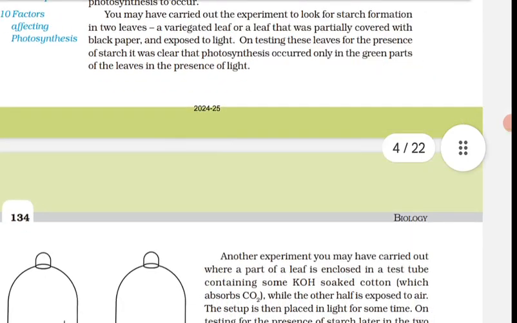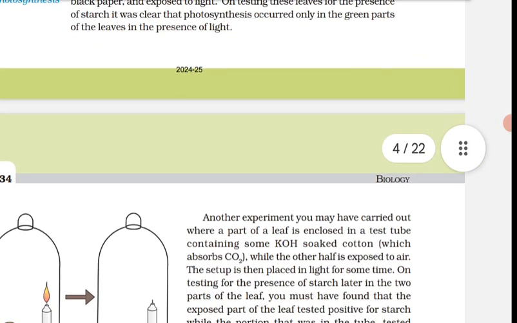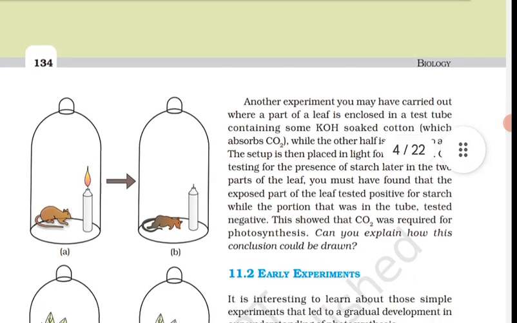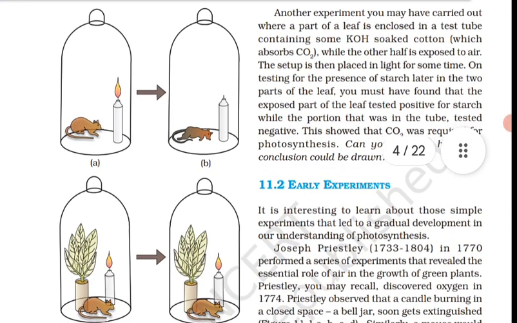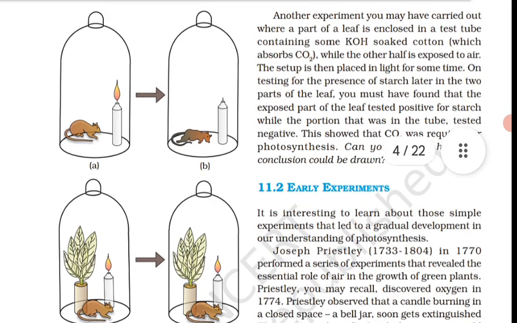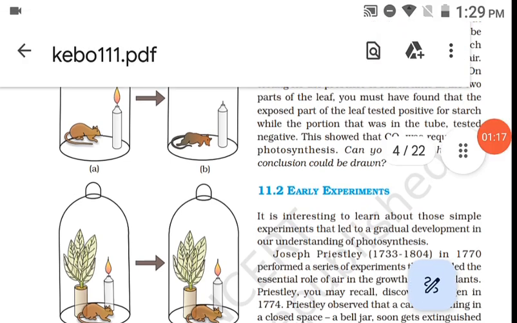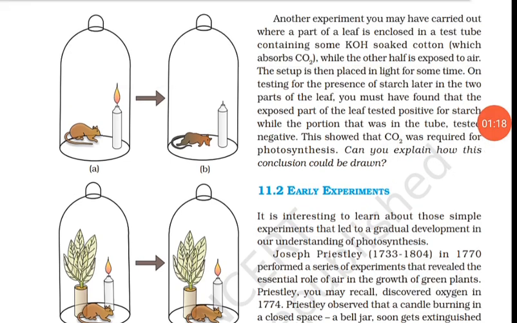Let us try to find out what we already know about photosynthesis. Some simple experiments you may have done in earlier classes have shown that chlorophyll, that is the green pigment of the leaf, light and CO2 are required for photosynthesis to occur.